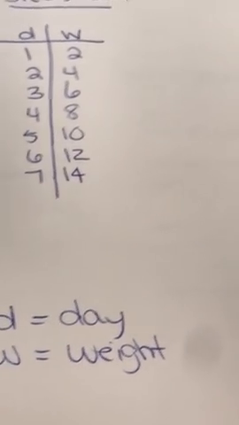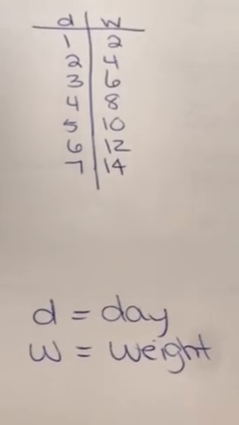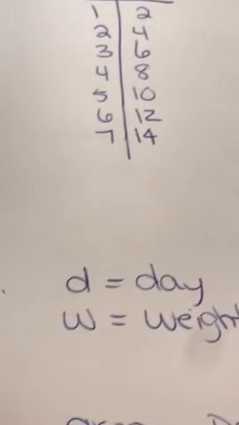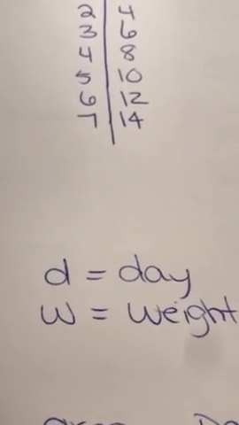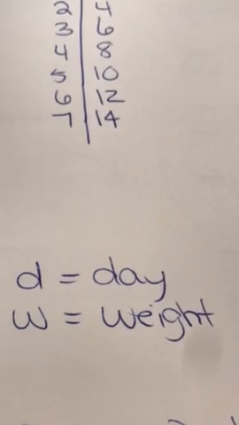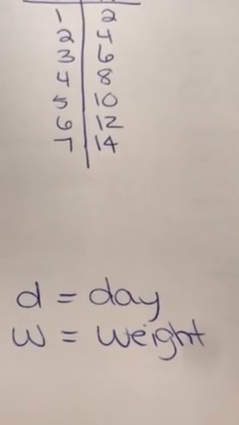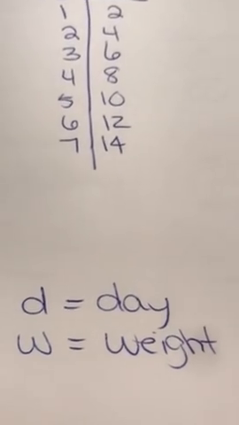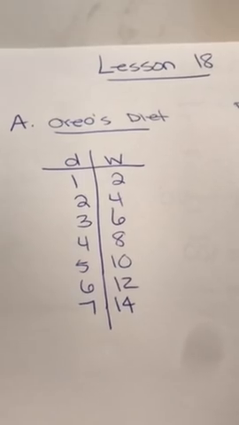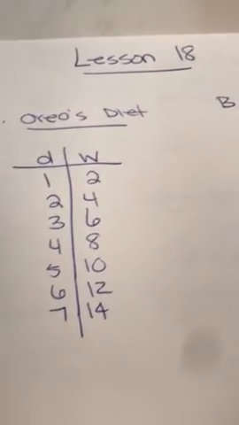All right, for C, we've got a lot to fill in, so keep up with me on which question I'm on. For C, it says, for each guinea pig, find a relationship between his weight and the day number on which his weight was measured. How would you describe your relationship in words? So it's telling you to go back to Oreo and figure out what the rule is, and then I can put that in words.